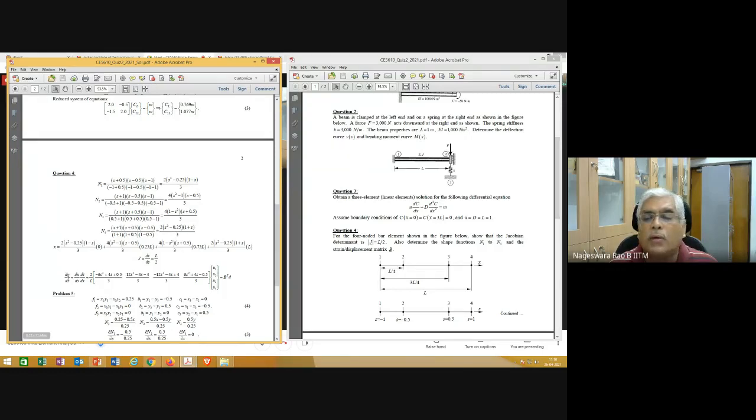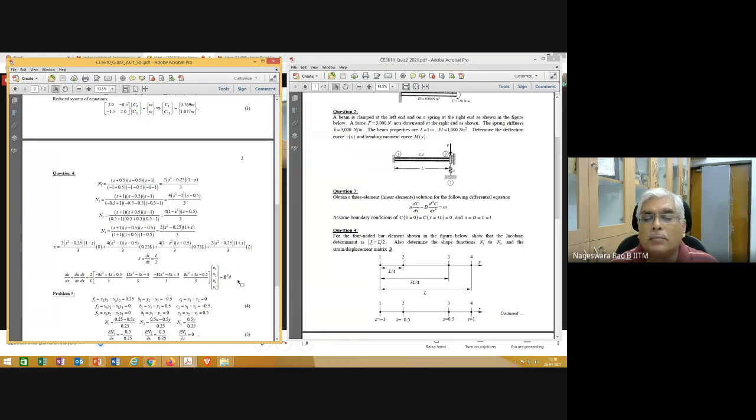That you can obtain once you calculate the derivative of u with respect to x, which can be written using the chain rule: du ds, the derivative of u with respect to s, which can be obtained from this relation, multiplied with the derivative of s with respect to x. That is the inverse of the Jacobian.